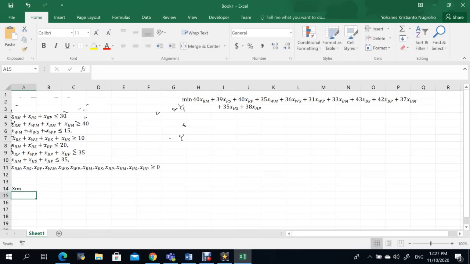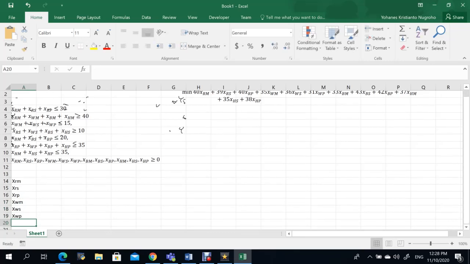variables: XRM, and then XRP, XRS, XWS, WM, XWS, and then XWP, and B, and finally H, right?